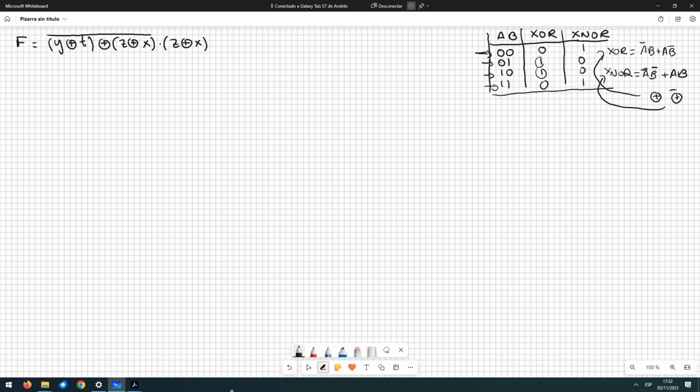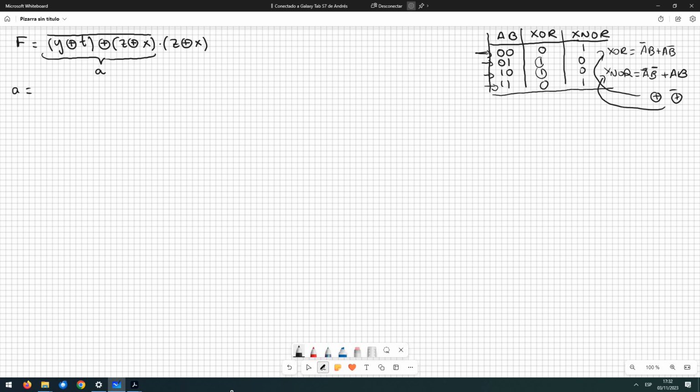So here we have an XNOR operation because of the negation. So we are going to call this, for example, A, and we are going to proceed with this simplification. The XNOR is the first part negated multiplied by the second part negated plus both parts not negated.